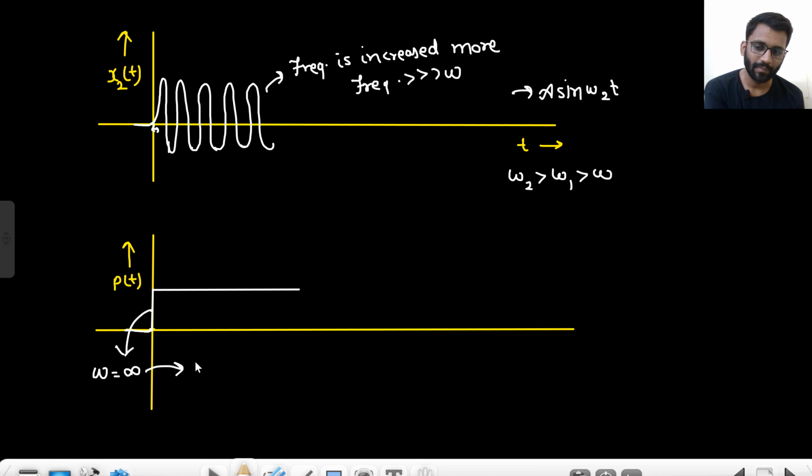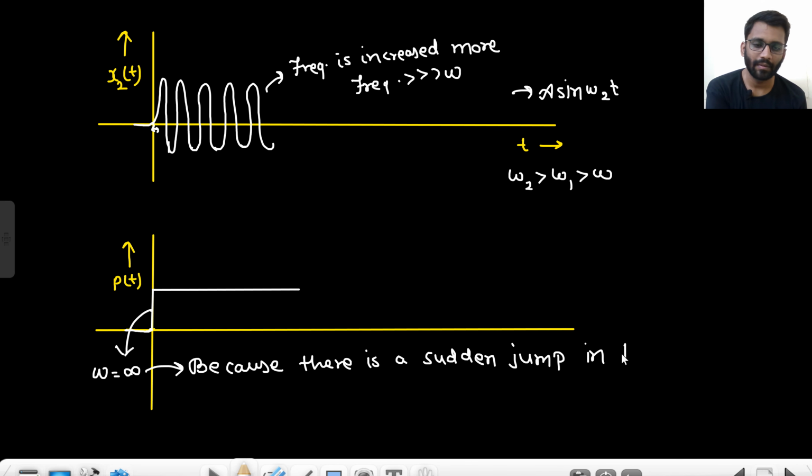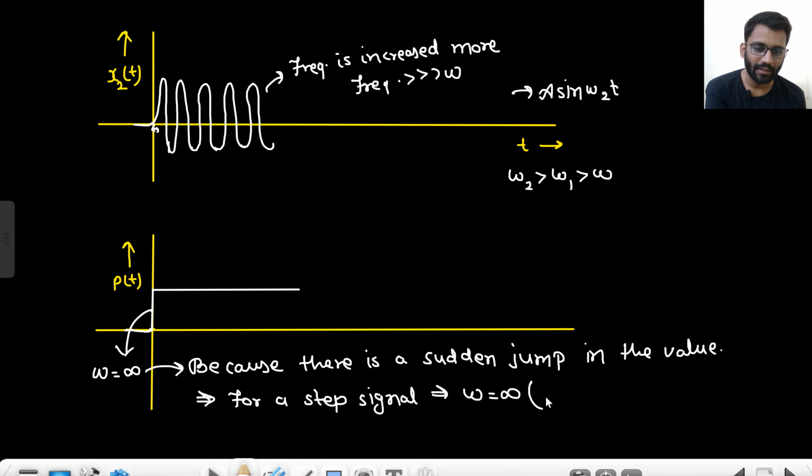Why so? Because there is a sudden jump in the value. That means for a step signal, omega equals infinity at t equals 0.